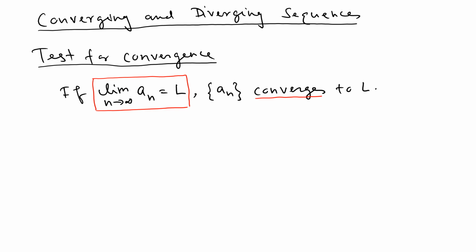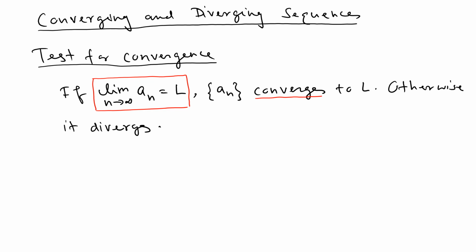Otherwise, it means the limit is not equal to a constant. That means it can either fluctuate or go to positive infinity or negative infinity. So there are three things: it can go to positive infinity, or negative infinity, or not exist, like fluctuating between several values. Otherwise it diverges.